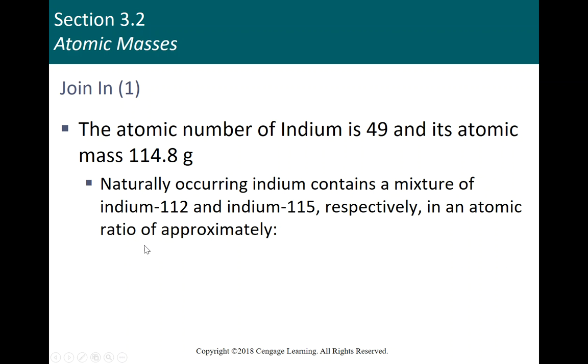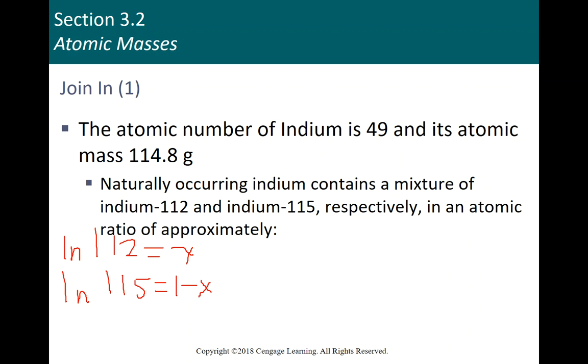So this one requires a little bit more algebra. So let's say our indium 112 is X. So if these are the only two isotopes, that means our indium 115 must be 1 minus X. When we follow through with the math on this, this is basically the percent composition of each.